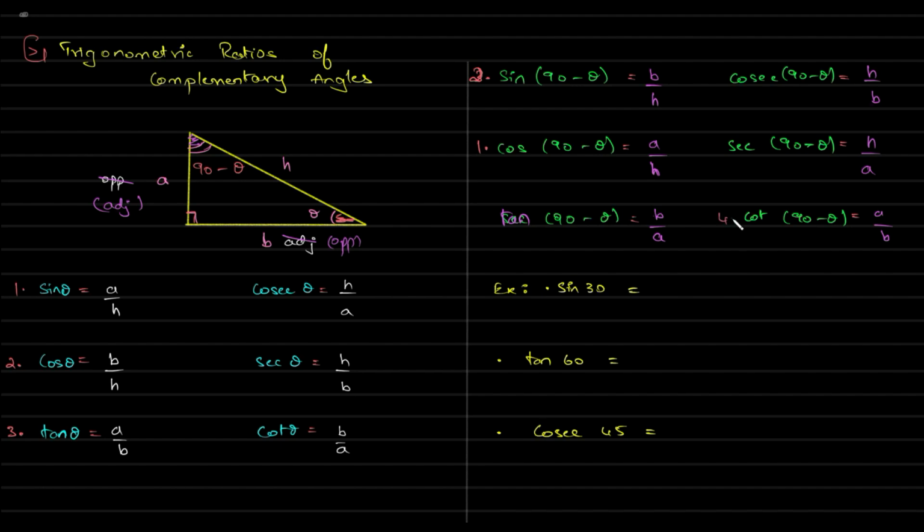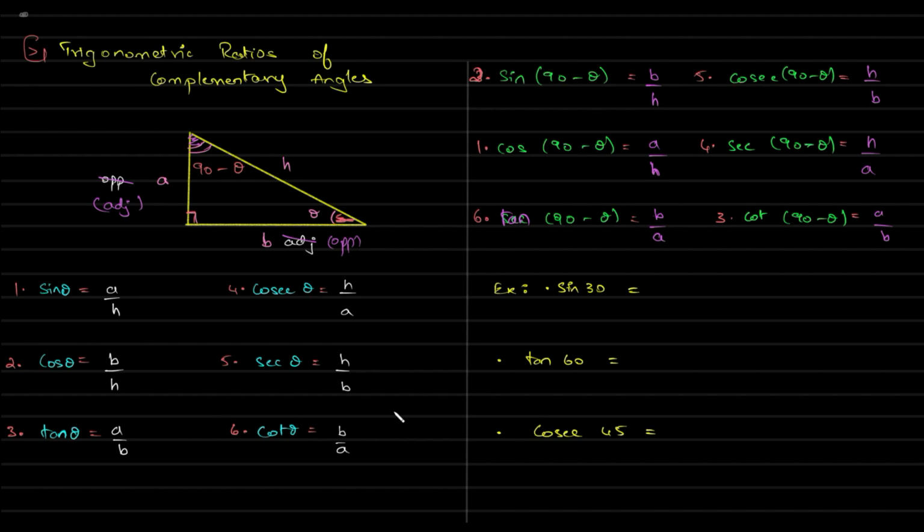Yes, cot of 90 minus theta. This is equal to, correct, sec 90 minus theta. And sec theta is cosec 90 minus theta. And cot theta is, yes, tan 90 minus theta. Right? We have matched it.